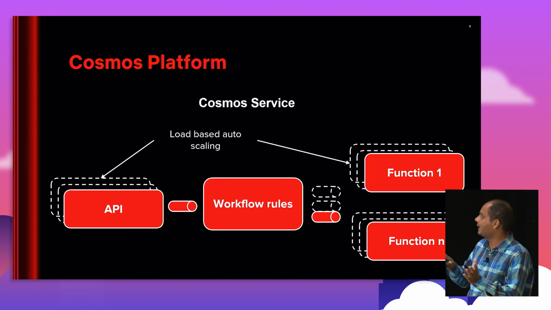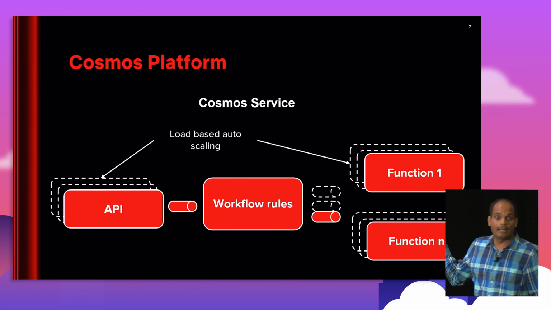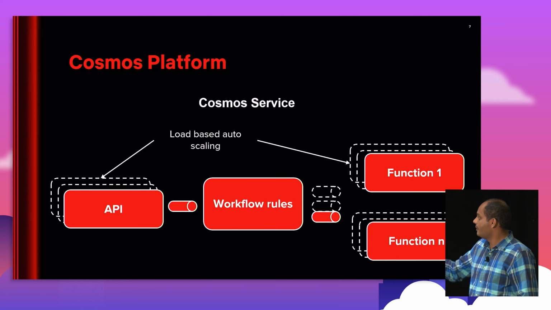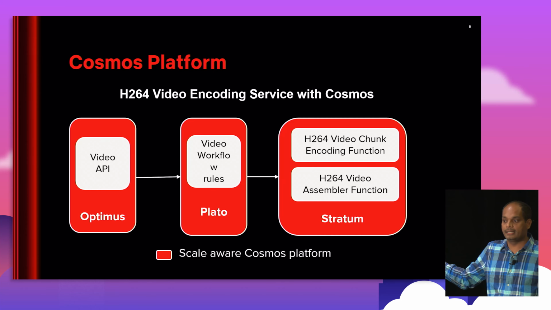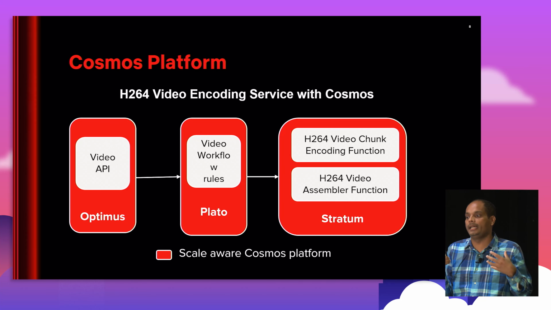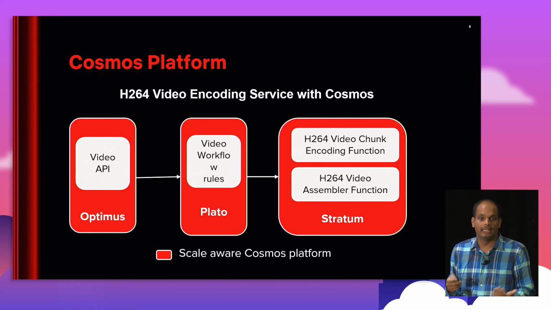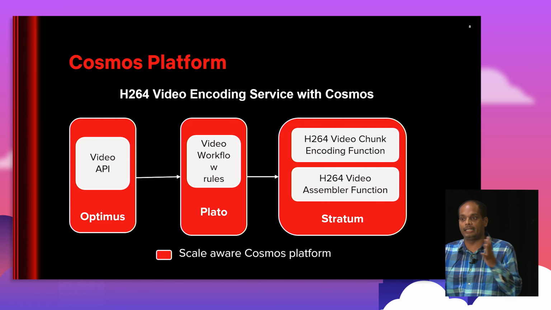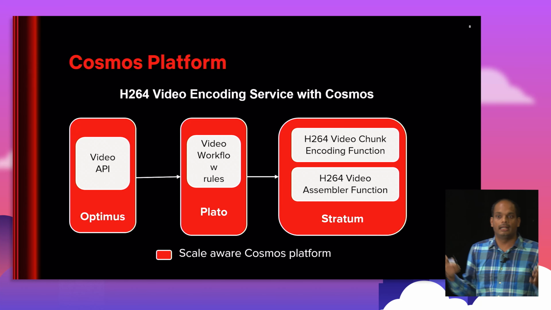Now, if I take that and use it to create one sample H.264 video encoding service, it would look like this. The white boxes here are what our users would be focused on writing, which is a video API, in this case an H.264 video API, with their contract for the service. Then there are video workflow rules that they write to orchestrate their video functions. I'm showing two functions here, chunk and assemble, but there are more that come together to make this whole thing work.